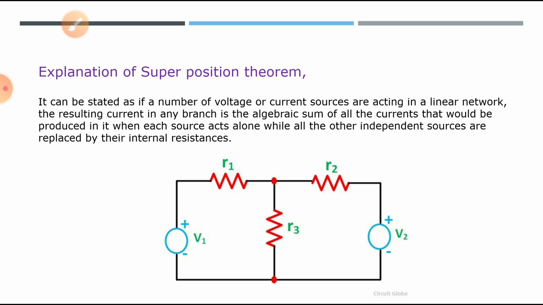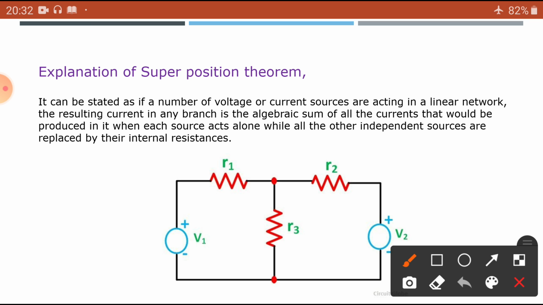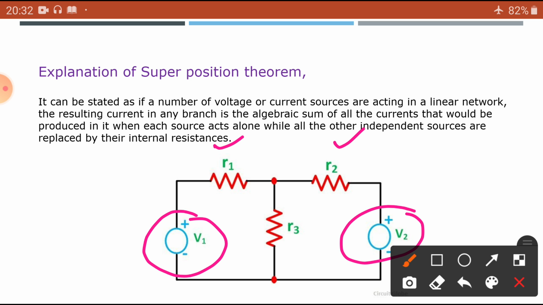You take this circuit. What is this? Now, this is a V1 source, this is a V2 source, two sources connected. Now, there is one resistance, there is another resistance, and here is another resistance.